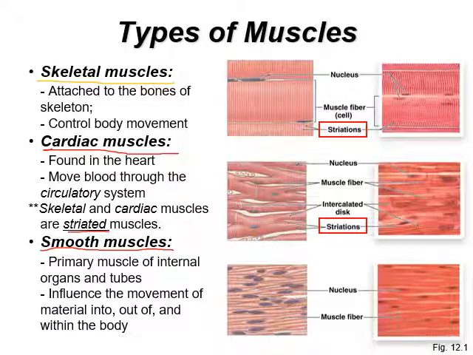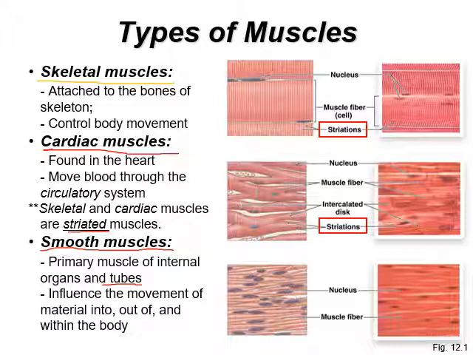Smooth muscle, you'll find this mainly around internal organs and the tubes. A classic example of smooth muscle is smooth muscle wrapping around the blood vessels. A blood vessel is a tube. Smooth muscle wraps around in a circle around it, and when it relaxes, it will control the diameter of the blood vessel. The diameter is larger, vasodilated, or when it's contracted, it will be vasoconstriction, and the diameter of the blood vessel will be smaller.